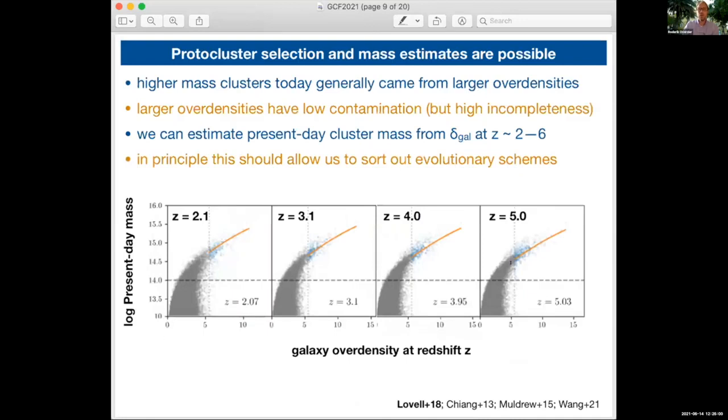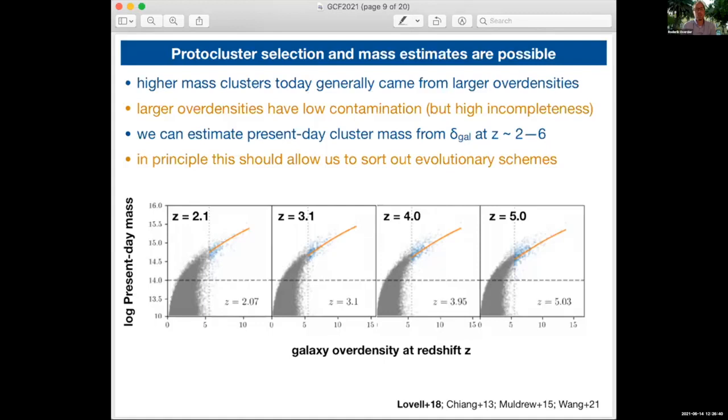And they also all agree on the fact that actually it seems that not only the selection of these systems is possible based on overdensities of galaxies or gas in the sky, but even estimates of the present day masses are possible. So we know that higher mass clusters today generally came from larger overdensities. Searching for large overdensities of galaxies or gas selected in some way becomes cleaner if we look for larger overdensities, but they also become more incomplete.